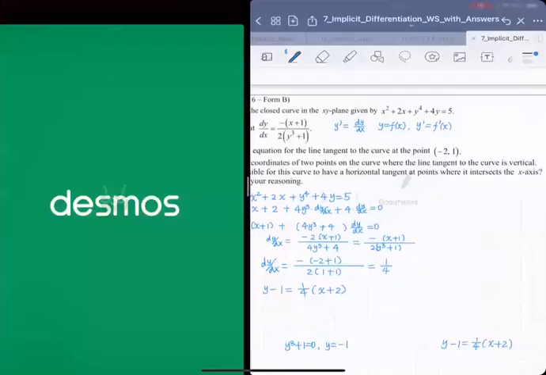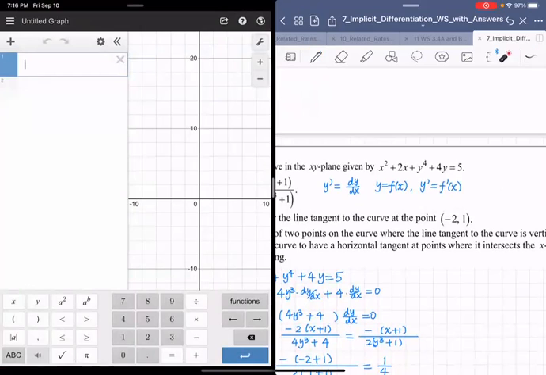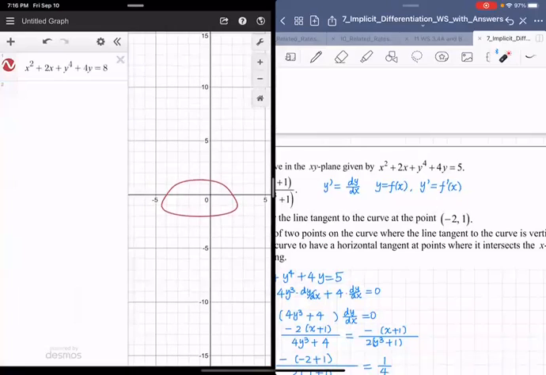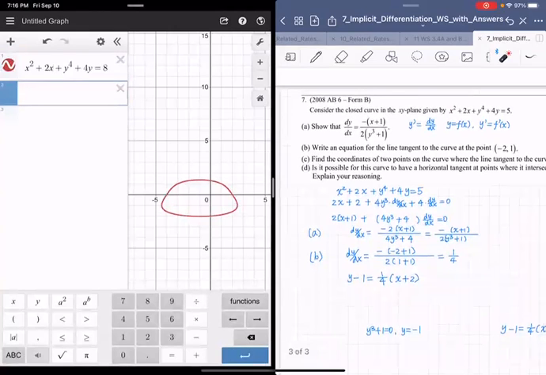So the physical meaning is this. We really don't know what the curve is, but we can write this down using the implicit method. If we draw our line, y minus 1 equals 1 over 4 times x plus 2.